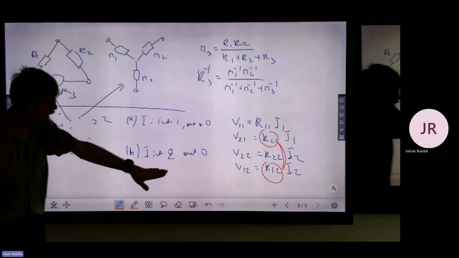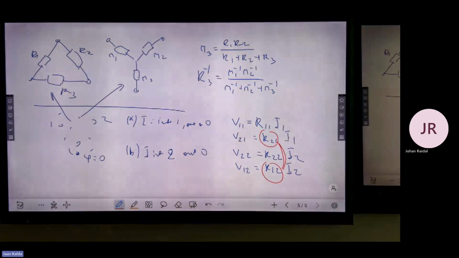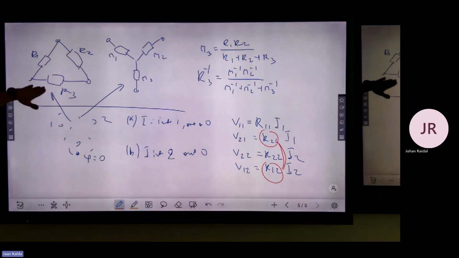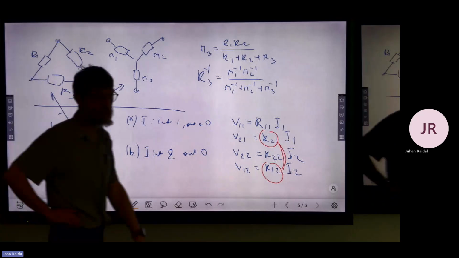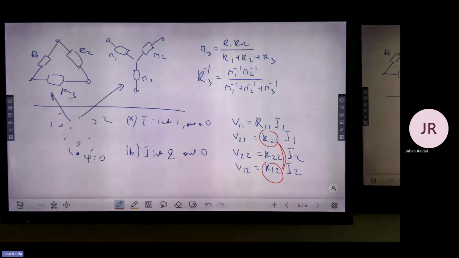We calculate responses over there. According to the responses, we find three equations for R1, R2, and R3, and find an exact match for the arbitrary circuit.